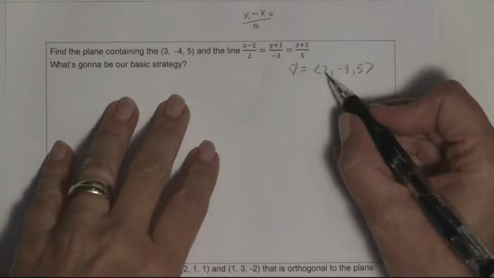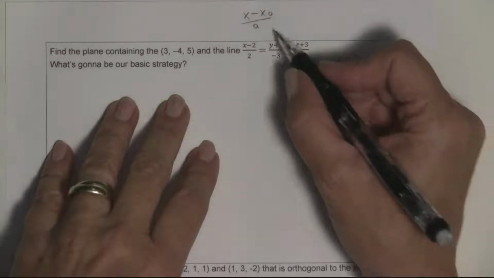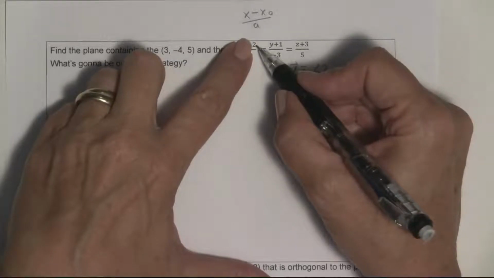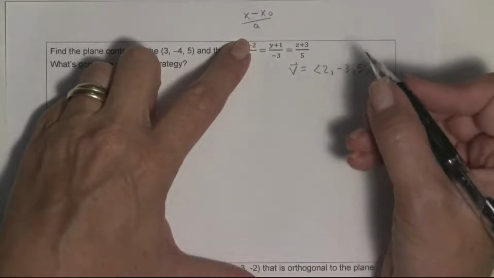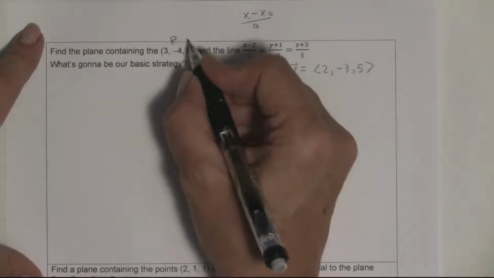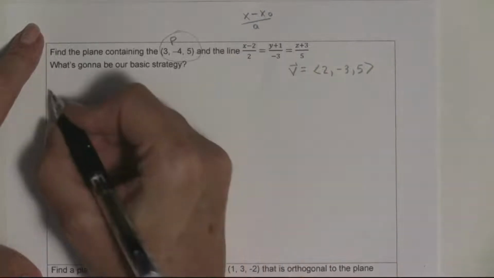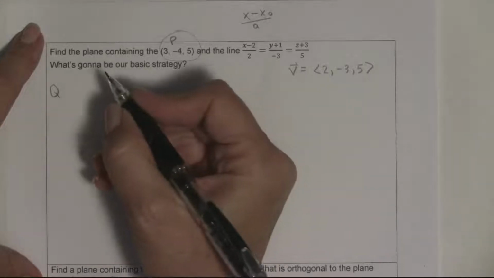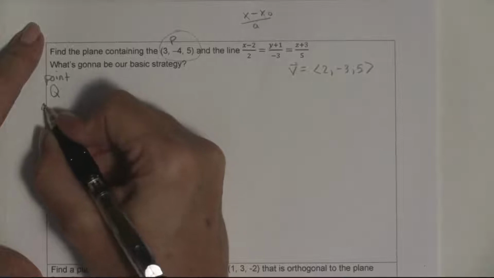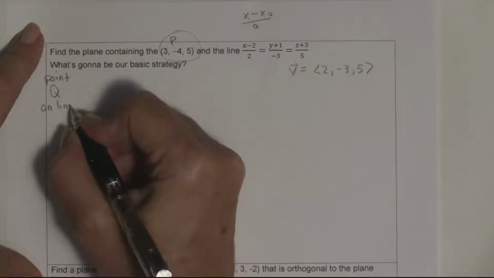And so the a was the direction part, and this x naught was a point on the line. So a point on this line was 2. I'm going to call, this one's already named P by me, that point. And I'm going to come up with this point Q. So a point Q, and point Q is on the line.